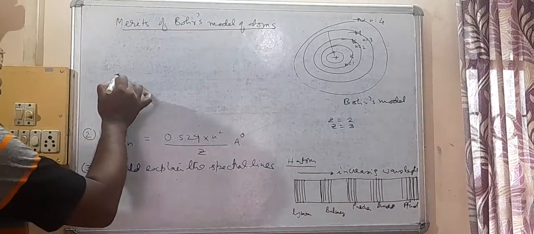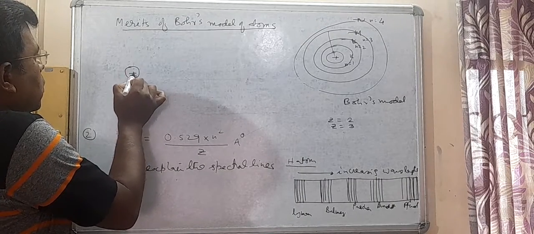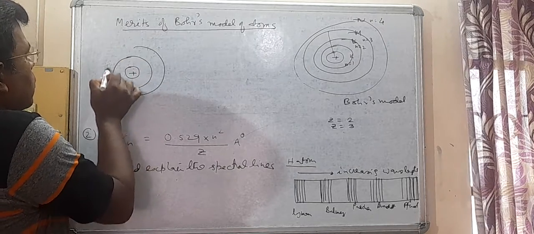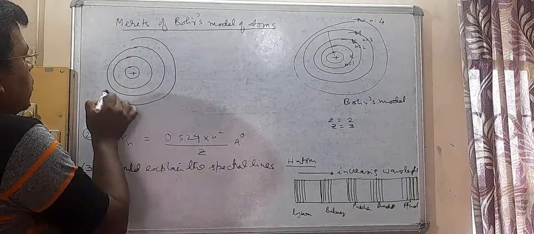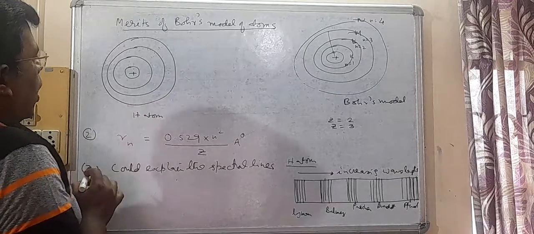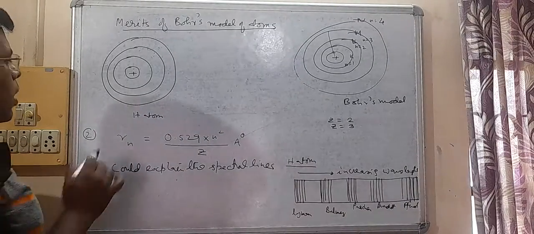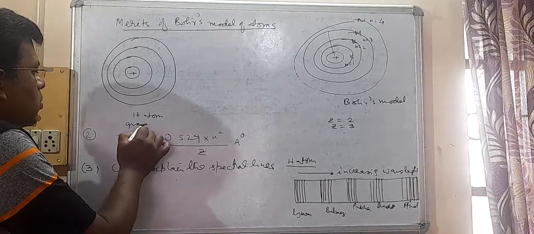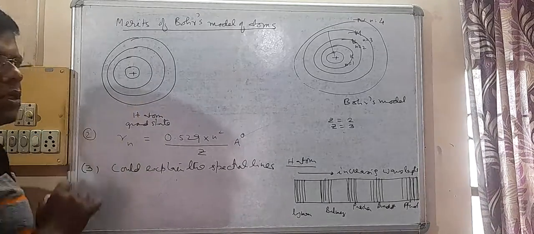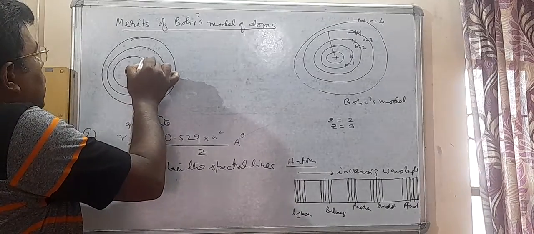For example, suppose we have here hydrogen atom, and hydrogen atom has one electron, and suppose we have hydrogen atom in the ground state. Ground state means minimum energy state. So electron of hydrogen atom will be here in the first orbit.